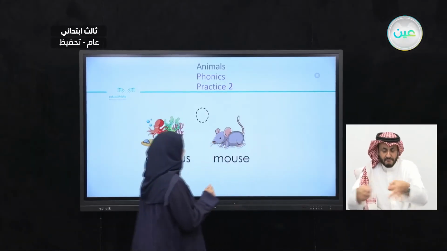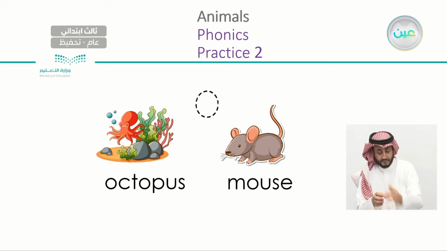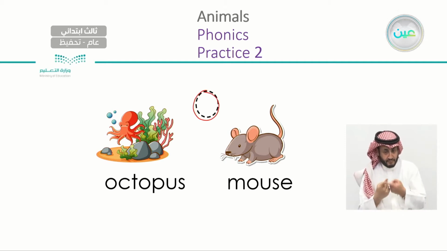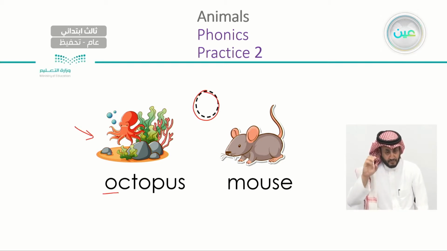Now here we have the letter O. This is a picture of an octopus. And this is a picture of a mouse.